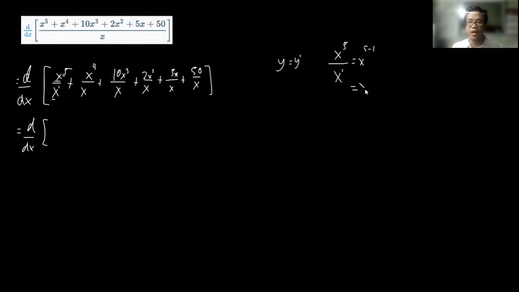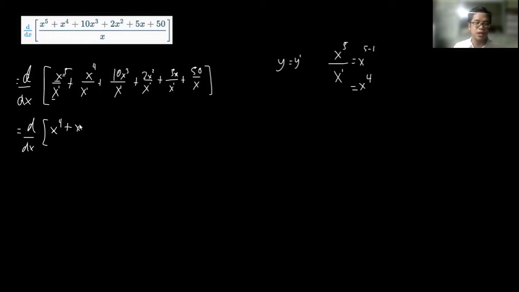Therefore, this is x raised to 4. All right, that's it. Or in other words, just simply cancel out. So here, this is already x raised to 4. This one, 4, and then you have the exponent of 1. Same thing goes on to the other terms. So 4 minus 1.